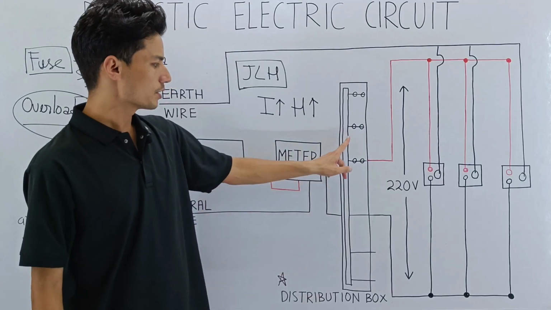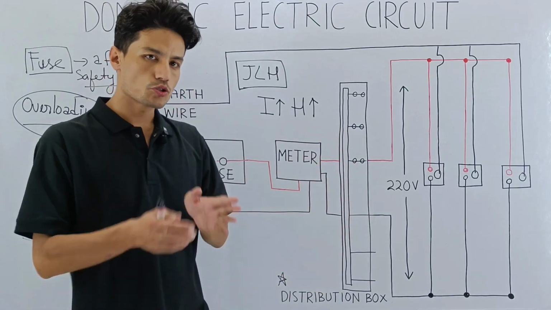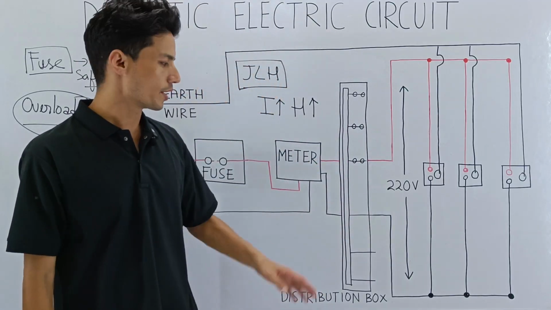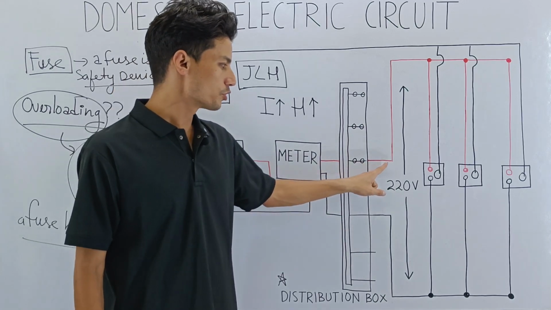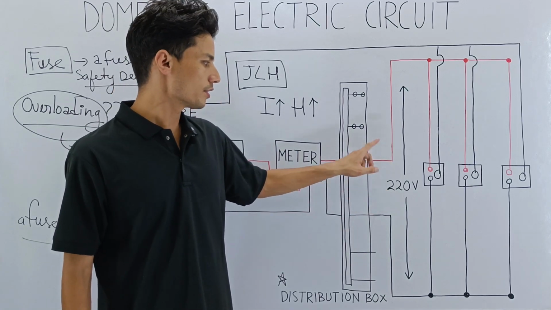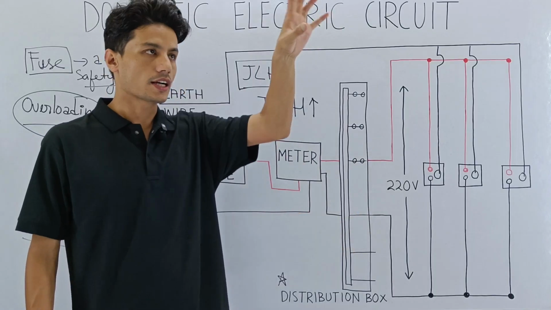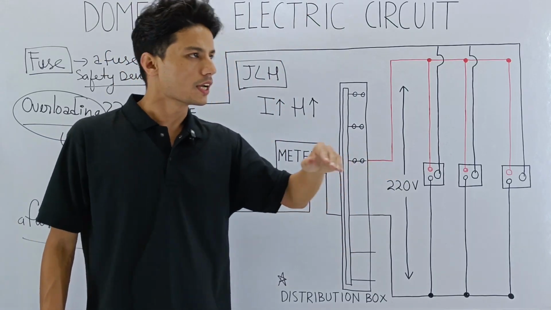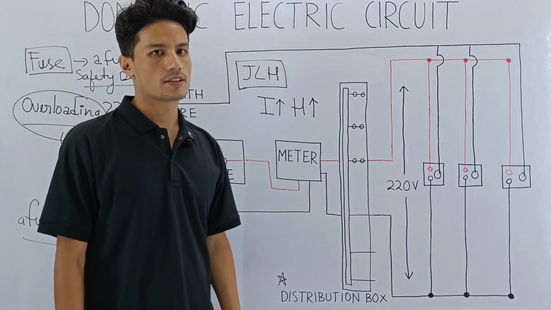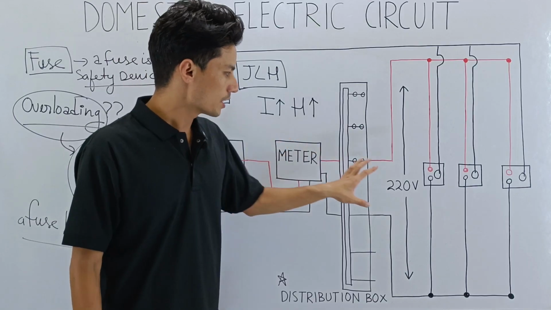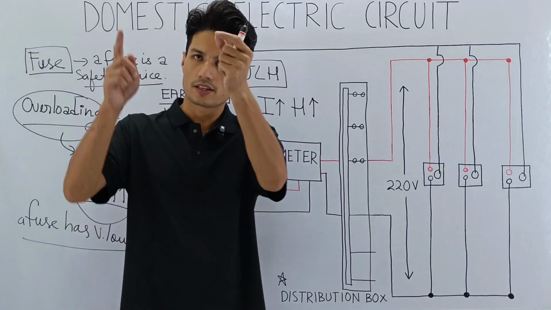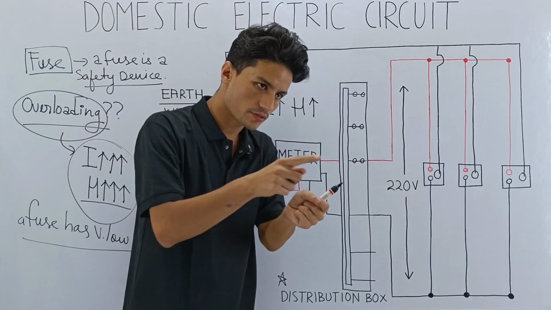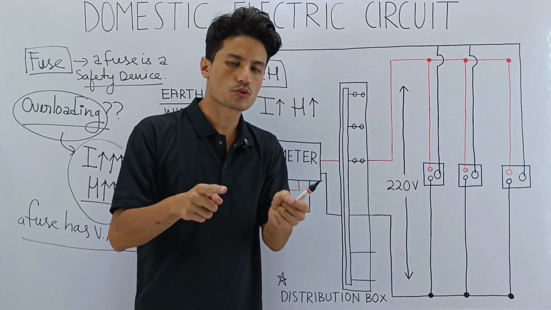In the same way, the distribution box is where the distribution of the live wire and the neutral wire will take place, which is very important, because after distributing, the live wire and the neutral wire can be connected to the rooms and to the different floors of the building. In one house, the electrician will only bring one connection of the live wire and one connection of the neutral wire.